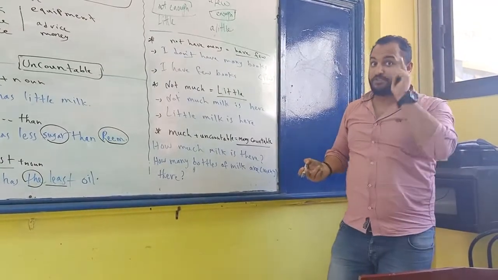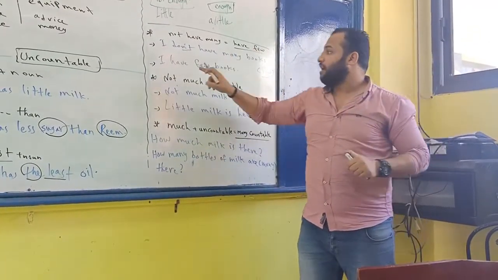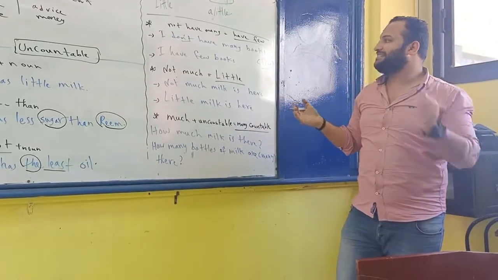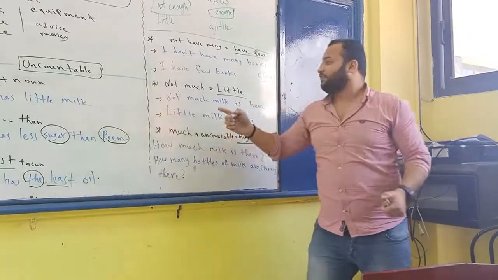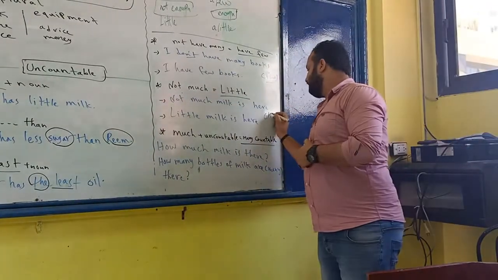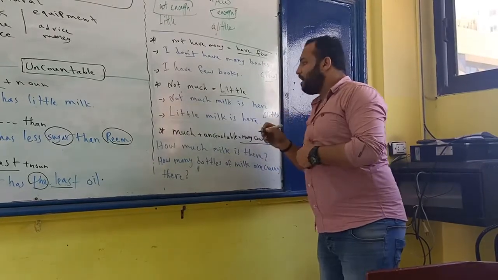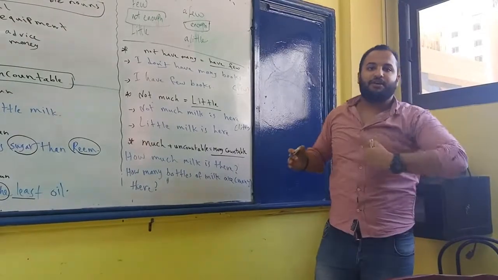Pay attention, please. I don't have many means I have few. Not much means little, or not many means few. For example, not much milk is here. Use little. Not much milk means little milk is here.